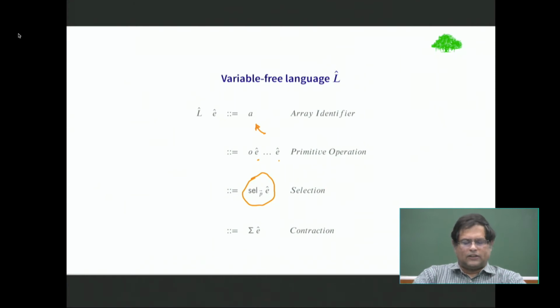And notice now there's a select operator, whose semantics will be described in terms of the sigma. The select operator is parameterized on this list of positives, which is a vector, and the select works on an E hat. There is also a contraction which matches the summation, but notice there is no index here. That's not a typo. There's no index over there.